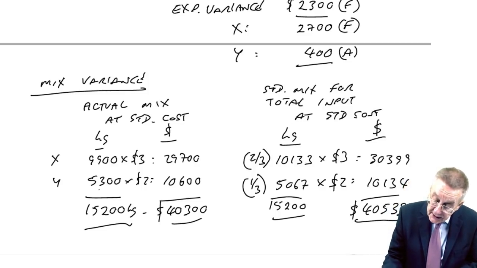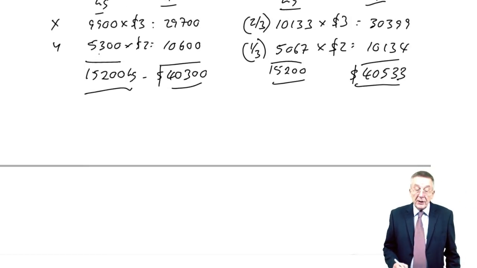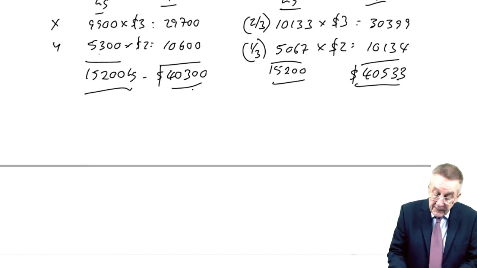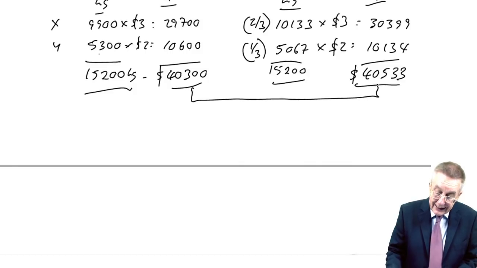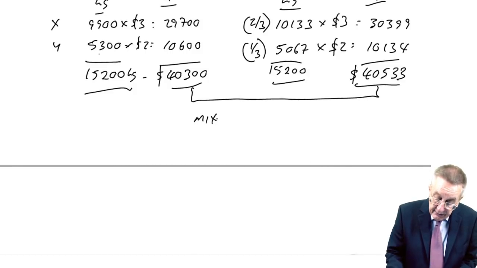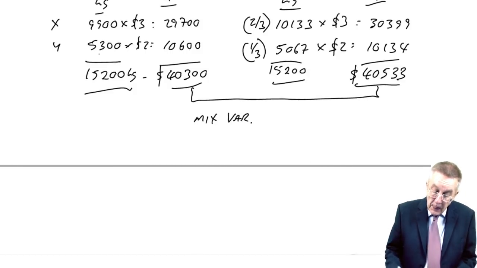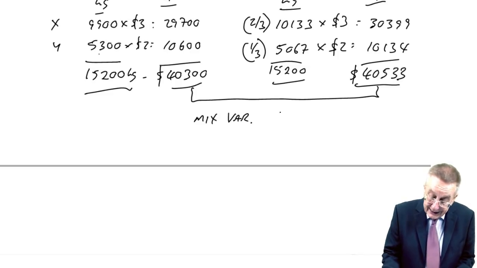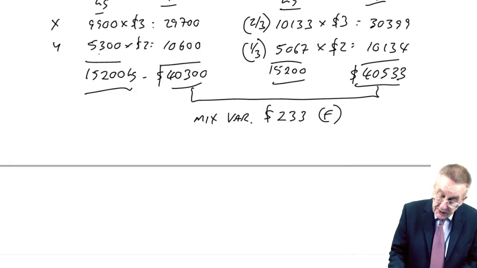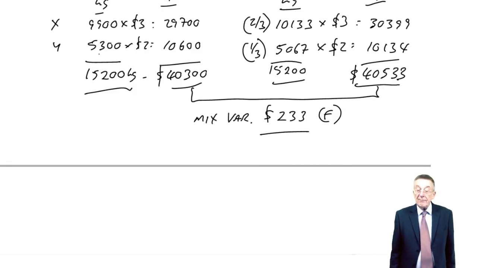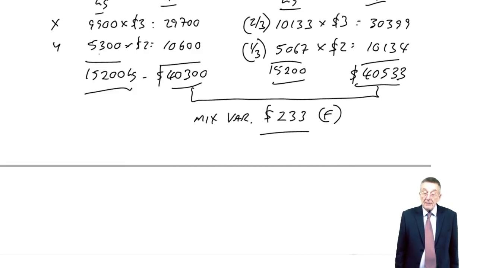The way we mixed it was slightly cheaper, 40,300. Well, the difference, the mix variance, is 233, and it's favourable. Our mix was cheaper than standard mix.